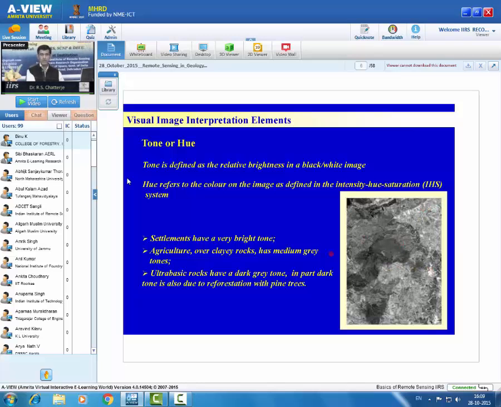It is panchromatic information. Agriculture areas give you medium gray tones, whereas ultrabasic areas appear in a very dark gray tone. Some of the dark areas may also be due to plantation.